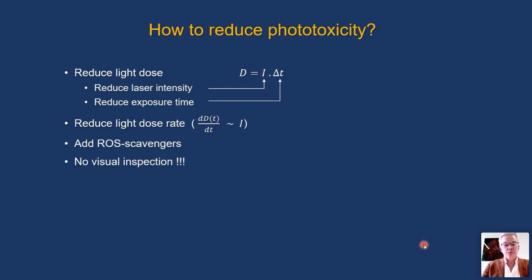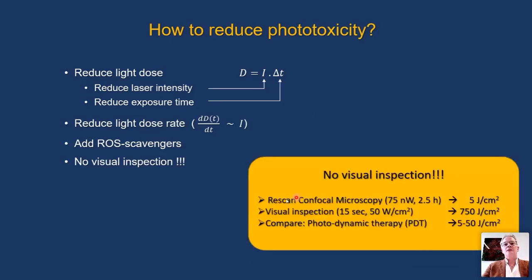Then a very important one, and many people will not realize this, no visual inspection. So if I look with a rescan confocal microscope for 2.5 hours, my total light dose will be 5 joules per square centimeter. If I do visual inspection for 15 seconds, so with my eyes, I look for 15 seconds to select, this is a nice cell.